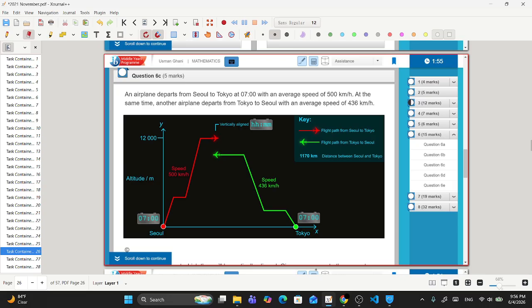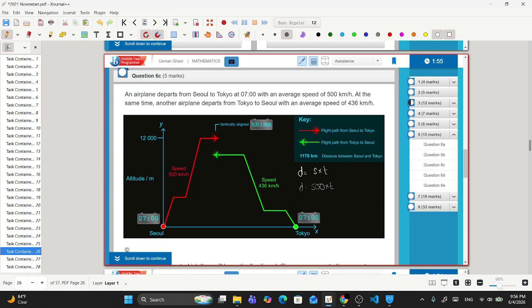Look, you can be doing it in two ways, right? So you can say that distance equals speed multiplied by time, right? As you know, because speed equals distance divided by time. So distance equals speed multiplied by time. And we can also say that distance should be equal to speed of 500 multiplied by time if we were to look at it with the reference of the flight from Seoul to Tokyo.